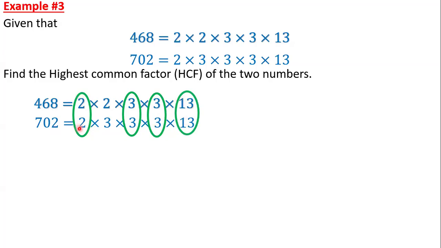So the 2 counts for what? 1, 2. The 3 counts for what? 1, 3. And the 13 counts for what? 1, 13.